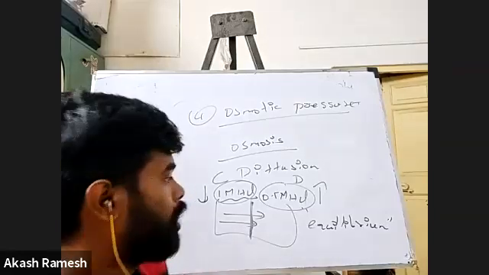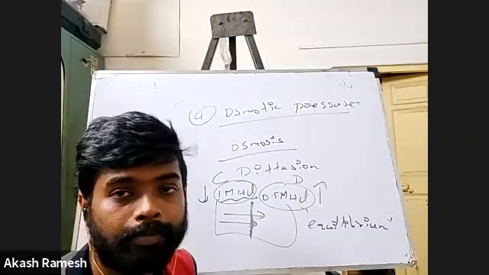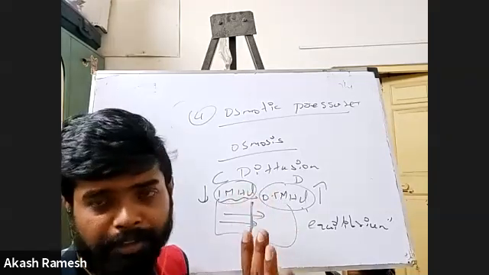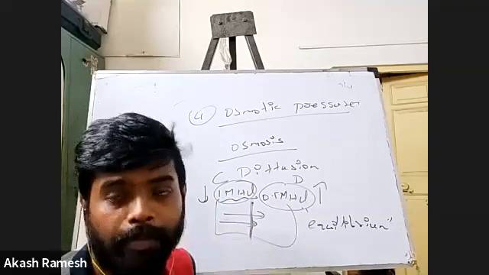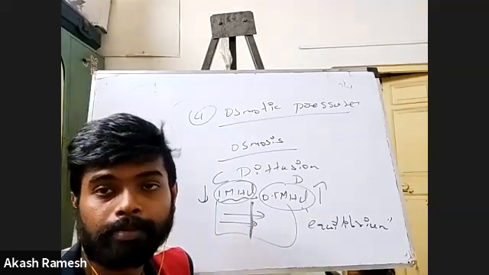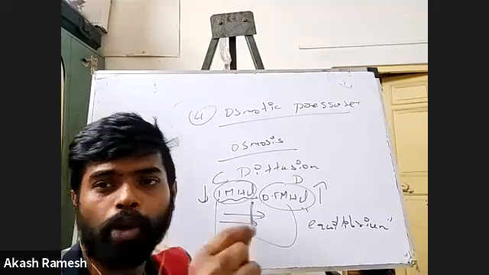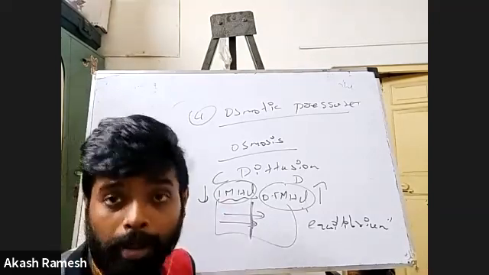So how do you increase the concentration on this side? Forget about the movement, all this stuff. Generally, I'm asking, if at all you have to increase the concentration of a solution, what will you do? Add more solute. That is one way. Say if I had only 2 grams of solute and it is not considered enough, I add another 2 grams of solute, so it becomes more concentrated.